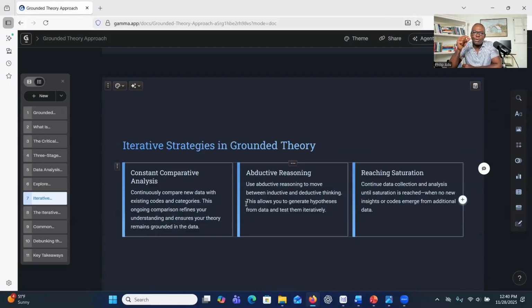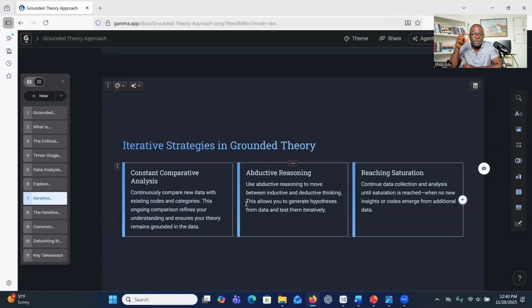It happens because at the beginning you don't have any theory. You go through the data and identify significant information during the initial coding stage. You go to focus coding, you categorize the codes, and then have some themes or categories. You go to theoretical coding, you explore the connection between the themes, and then you develop a theory.